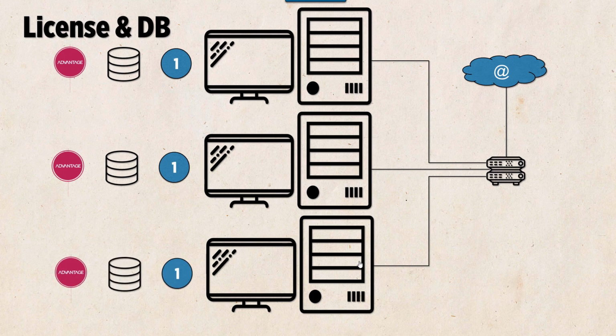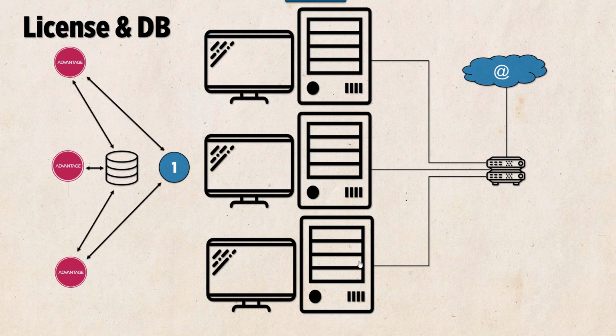Select one of them, perhaps the one in the middle, to have a database and license server, and point the other two AudaxCeph softwares to that license server and to that database. So we point that, and we can store images and analysis from any computer in the network to the same database and use the same license server.